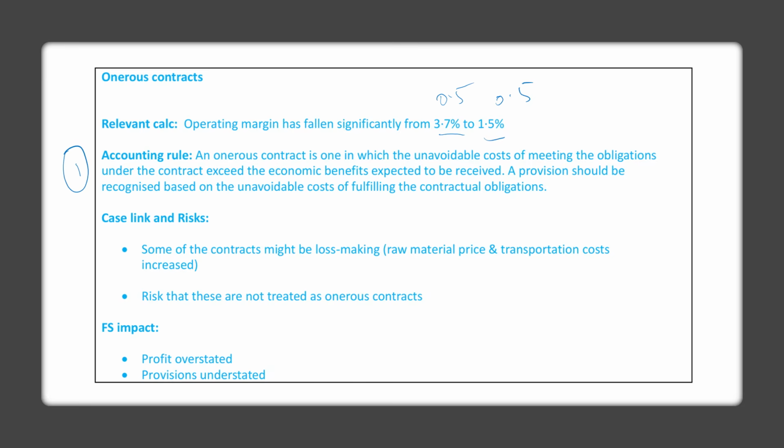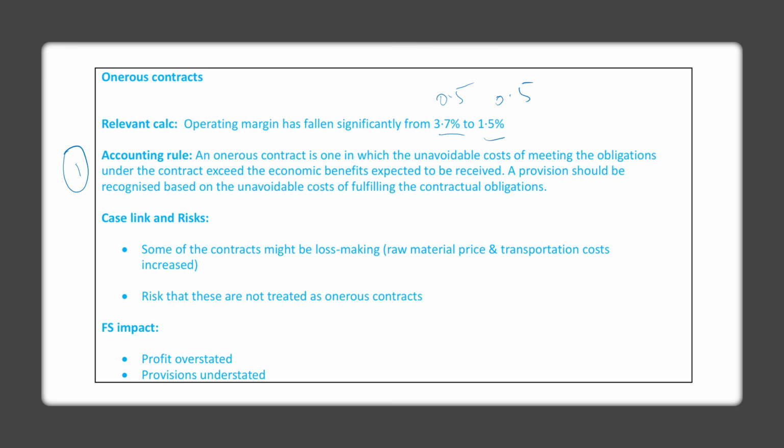Please note, I haven't written the accounting standard number because there are no marks for it, not the name or the number. So I'm going to explain that an onerous contract is one where the unavoidable costs of meeting that obligation could or are expected to exceed the benefits that I will get out of it. And for this, a provision must be recognized.